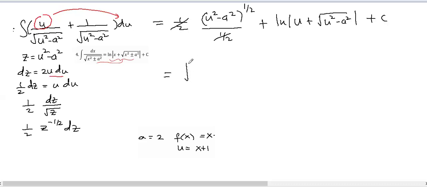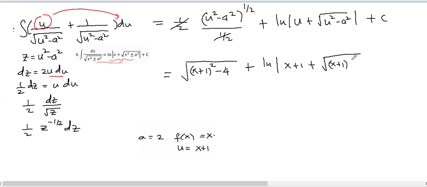So, this is square root of u square, that would be x plus 1 square, and then minus a square, that would be 4. And then plus ln, absolute value, x plus 1, and then plus square root of x plus 1 square minus 4, and then plus c. Okay?